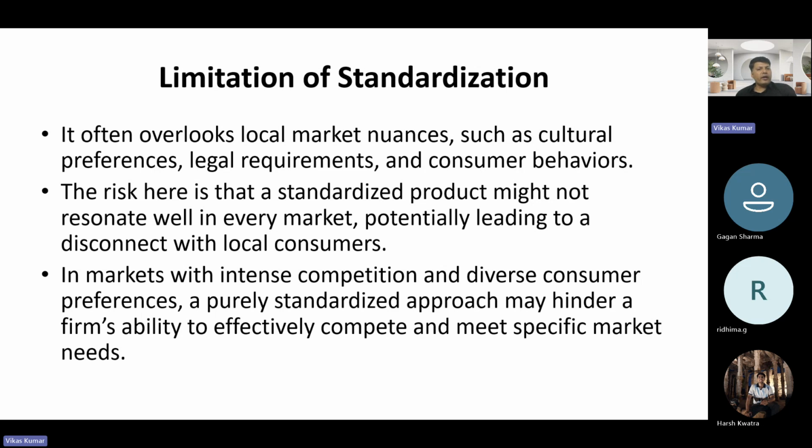Like if I talk about India, we Indians are more focused on saving our rupees. We are not ready to spend blindly. We always analyze the product, and we will go for the product with a reasonable cost.